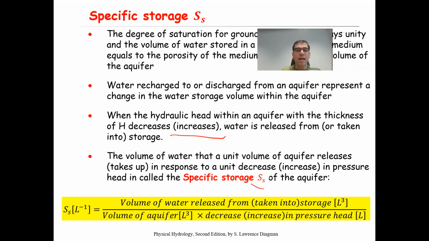Ss, with dimension 1 divided by L, is the volume of water released from storage divided by the volume of aquifer times decrease in pressure head. Or you can define it as volume of water taken into storage divided by volume of aquifer times increase in pressure head. That's the definition of a specific storage.